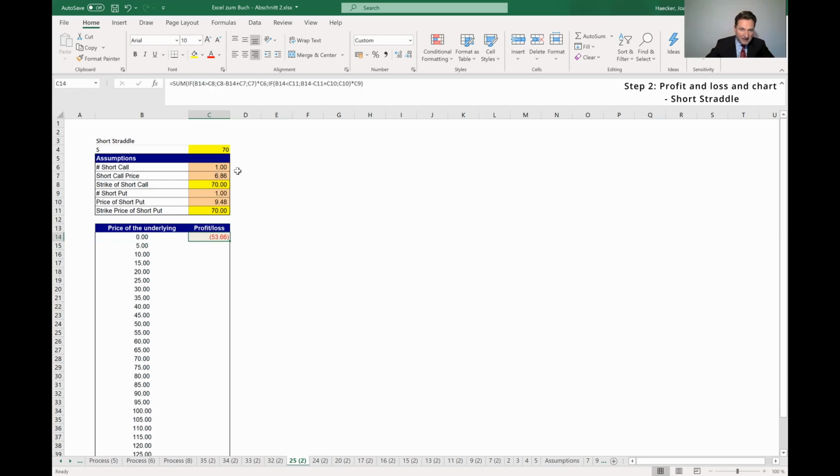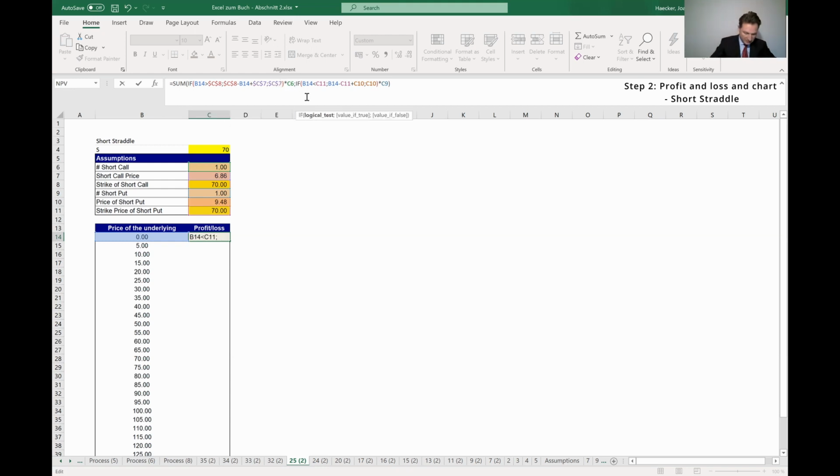Now we need to fix the issues here, among these are the strike price. We fix it twice. And the premium. The same thing we do with the short put.